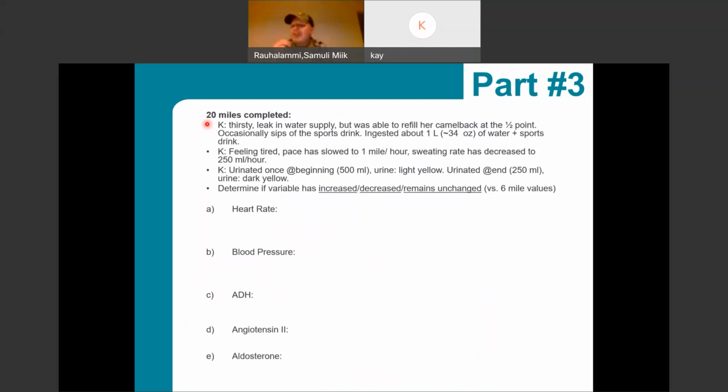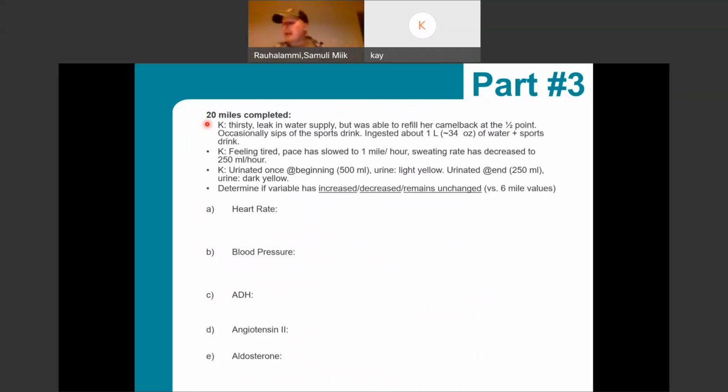So she's only very, very occasionally sipping some of the water from that tank. And she's also occasionally sipping a sports drink, which is going to be high in electrolytes, like we saw in the lecture portion of this chapter. She's occasionally sipping that, but she's not getting enough water.